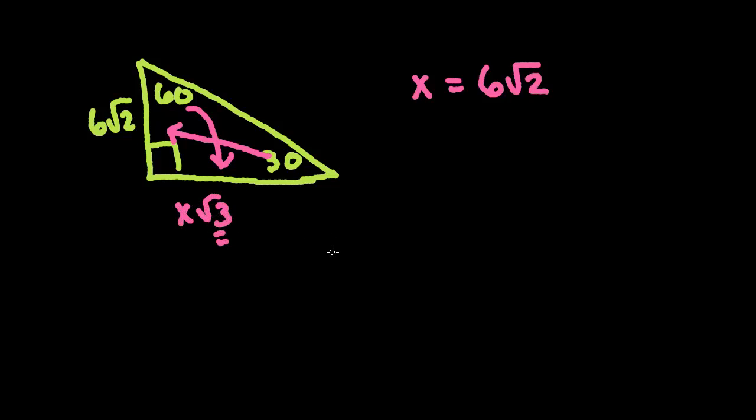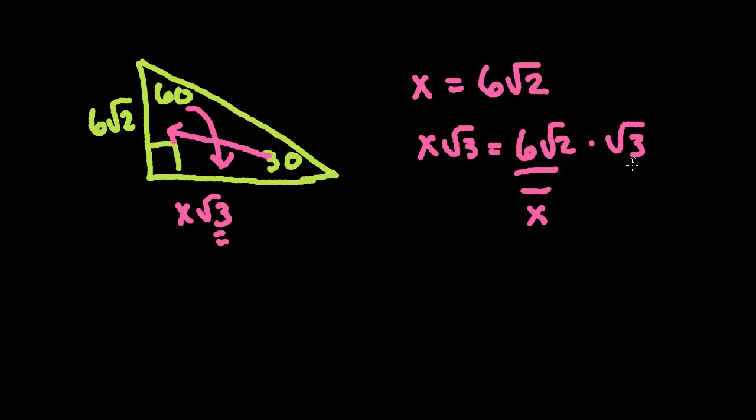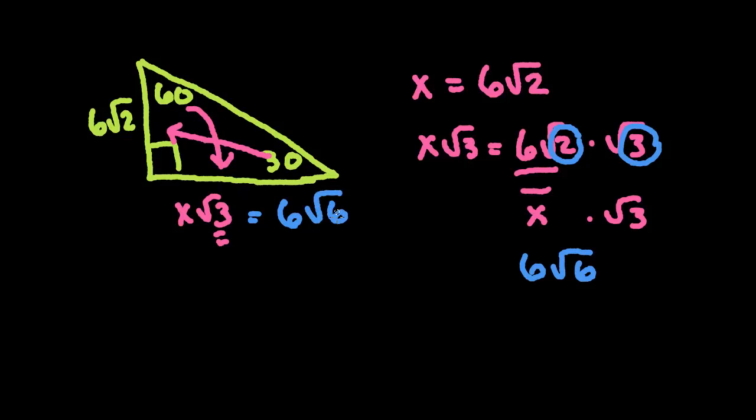So I need to just stick a square root 3 on the end of what x is. So x square root 3 is going to be my x times square root 3. So since both of these are insides, when I multiply, I have to multiply the two insides together. So I end up with 6 square root 6. So this becomes 6 square root 6.